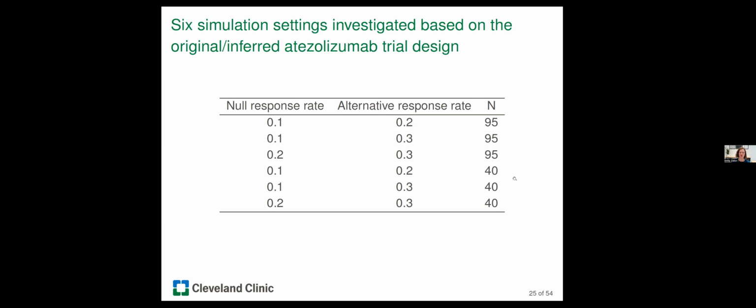And then I looked at both the sample size of 40, which was the planned sample size for the other dose expansion cohorts in the protocol, and the sample size of 95, which was the actual sample size used in the trial. And I'm going to be comparing my proposed optimization criteria with the original trial design that had a single futility look.